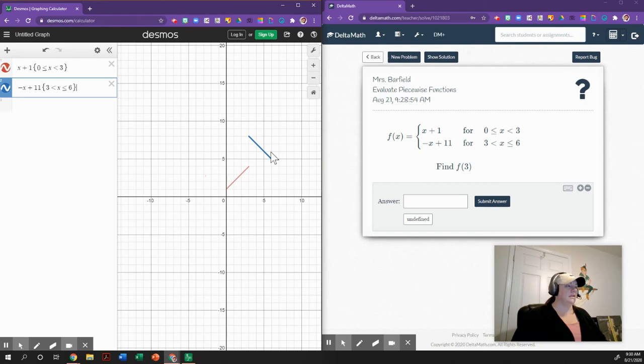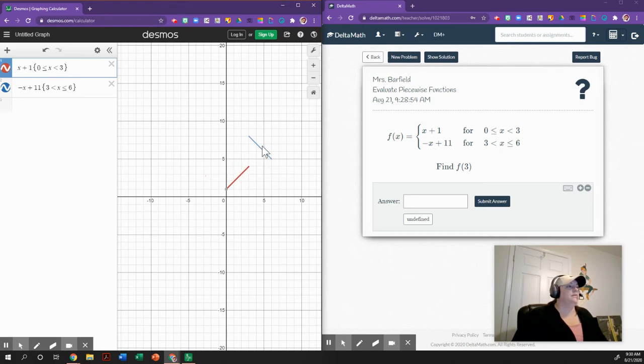Okay, now let's talk about what's happening on Desmos that you cannot see right away. Okay, so if I put my cursor on the red one, okay, so if I go down here, now look what happens when I go to the other end. Okay, I have an open circle right there. Now Desmos didn't pop that up. It's because I'm holding my mouse and I'm moving along.